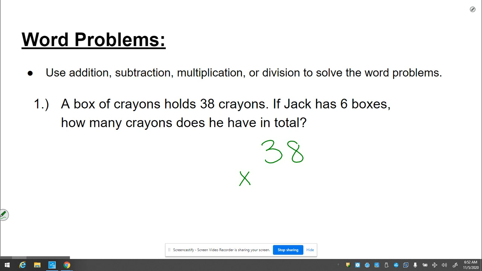So he's got 38 crayons in a box. He's got 6 different boxes. So that's 6 different 38s. So we've got a multiplication problem.